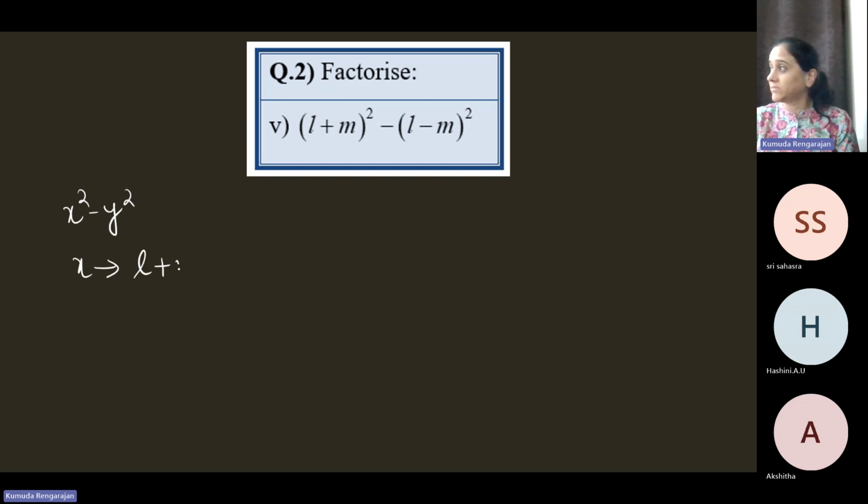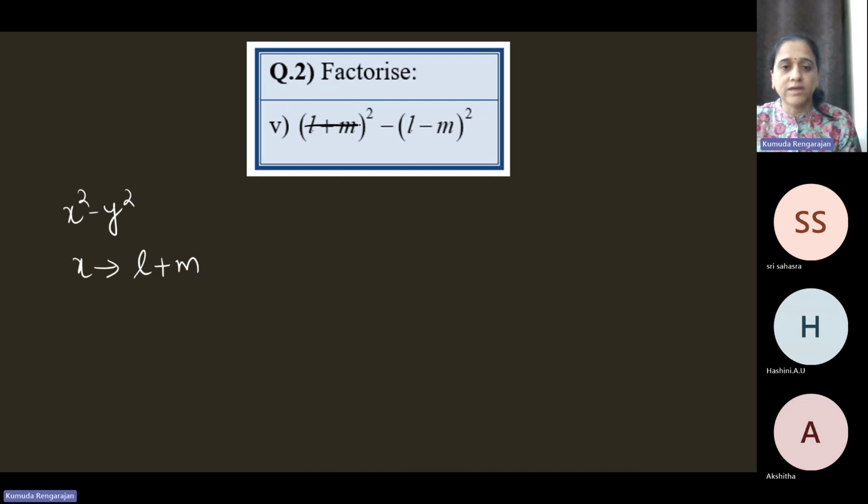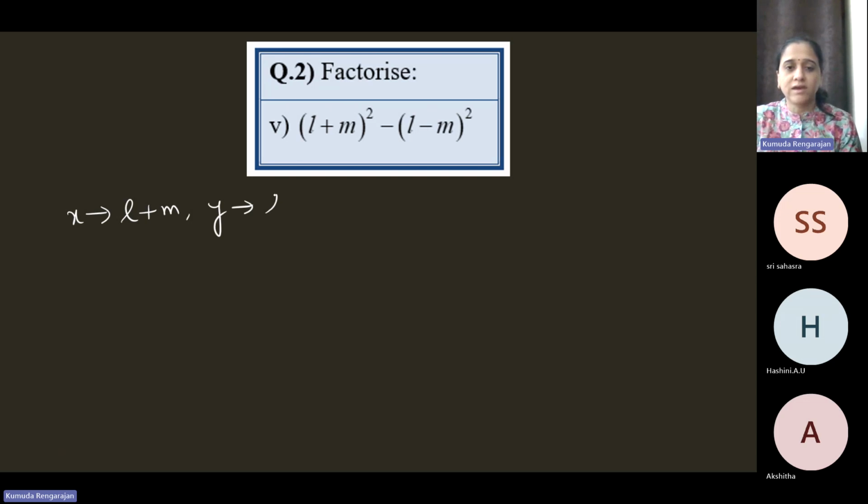See here, this is x squared, minus this is y squared. So x is L plus m and y is L minus m, correct? So now this is of the form a squared minus b squared, which is a plus b into a minus b.